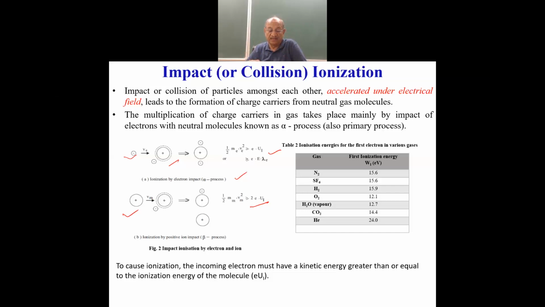To cause ionization, the incoming electron must have kinetic energy greater than or equal to the ionization energy of the molecule. I mean, the incoming electron must have sufficient energy to make a successful impact and produce another charged particle, another electron, and accomplish the ionization.